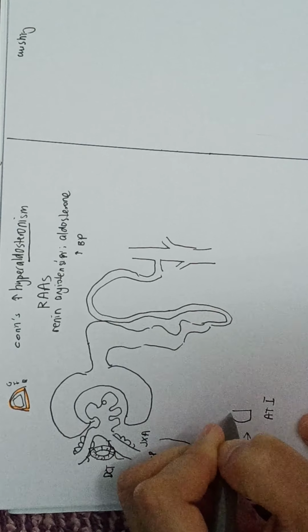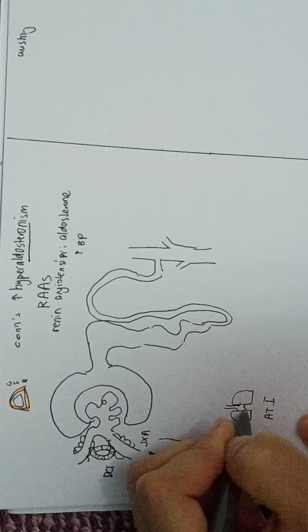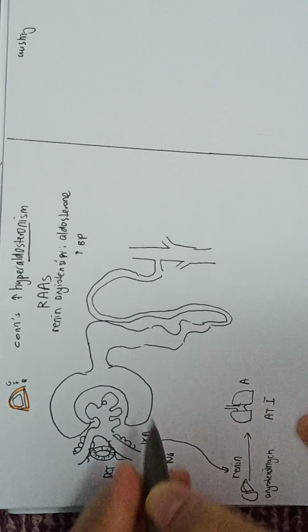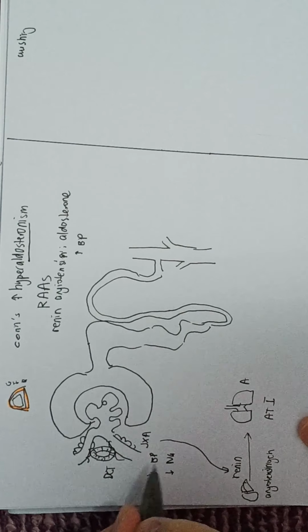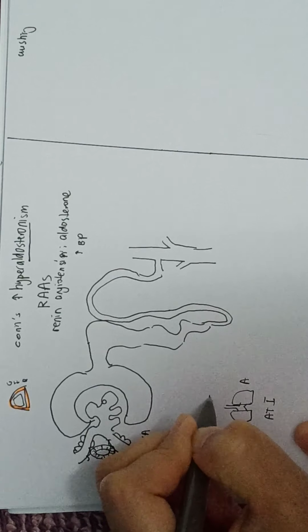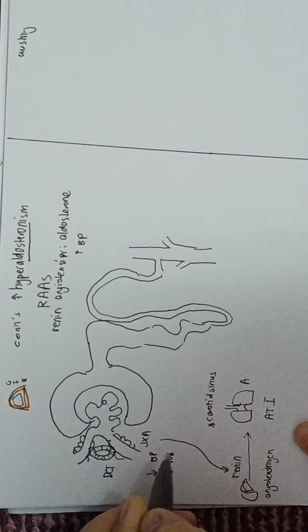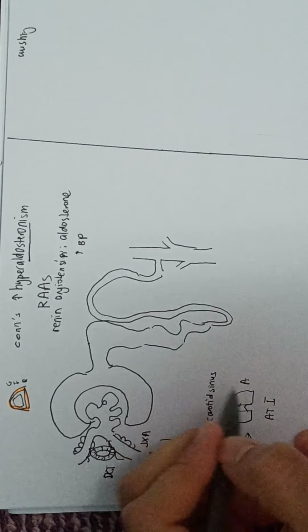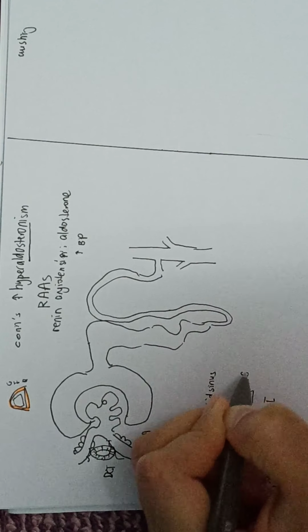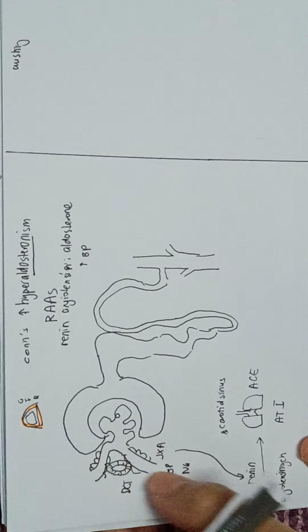So in the lung, this is also a question that they frequently ask. When these conditions happen, the baroreceptor in the carotid sinus can also detect the conditions of low BP. So they will stimulate the angiotensin converting enzyme.